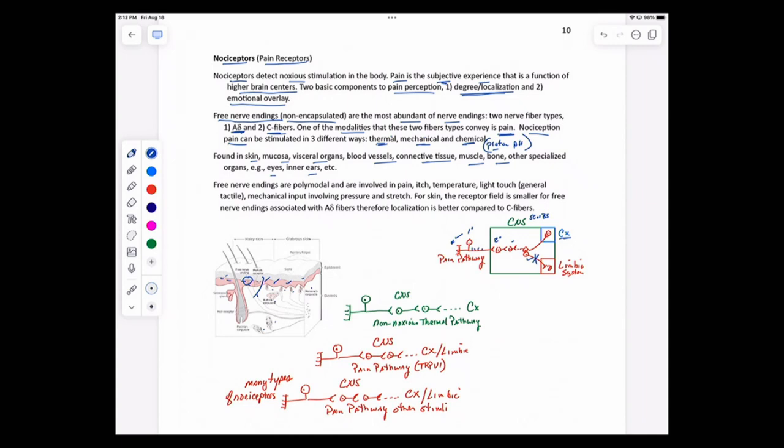Interestingly enough, one of the rare parts of your body that doesn't have free nerve endings is actually your central nervous system. So your brain and spinal cord, there are no free nerve endings, so they are incapable of experiencing pain or anything else associated with free nerve endings because they're simply not there. Of course, you could come back and say, well, then, I have a headache. Why is my head hurting?